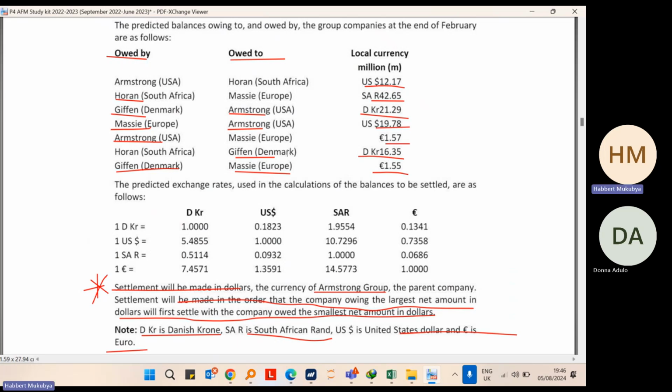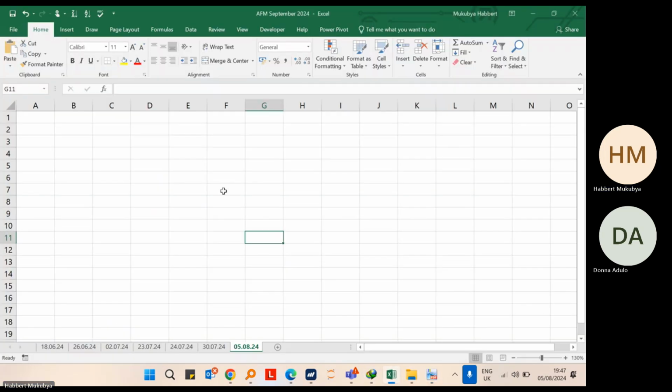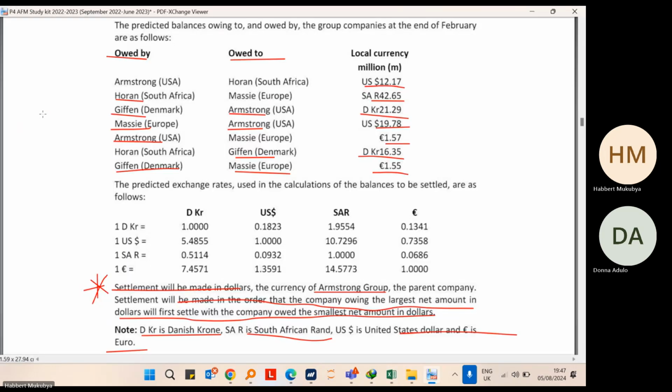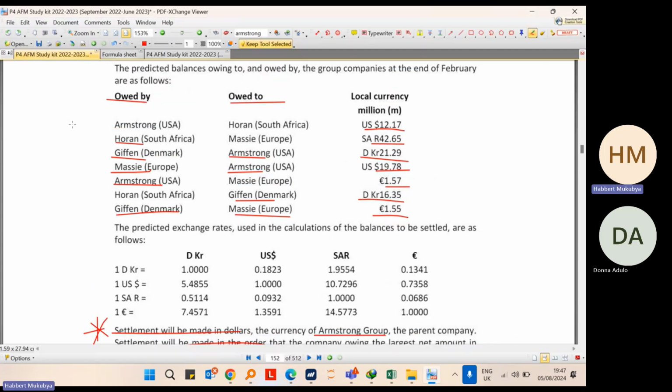Convert all of them. So that's what we are going to start with. Let me see if we can copy this. That will save some time.